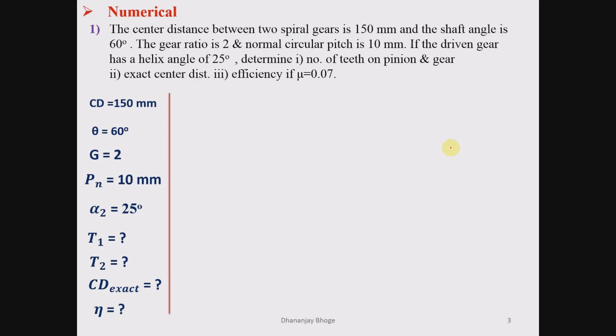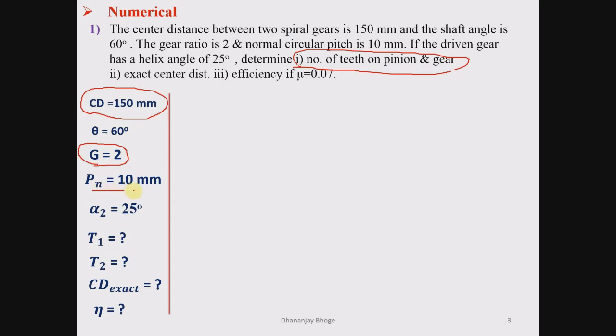So let us proceed. Number 1, write down. What do we have to find first? Number of teeth on pinion and gear. Now look at the given data. What is given? Center distance. The center distance equation has number of teeth, so we can make use of this equation. Gear ratio is given as 2, and the gear ratio also involves number of teeth, so we can use this equation also.